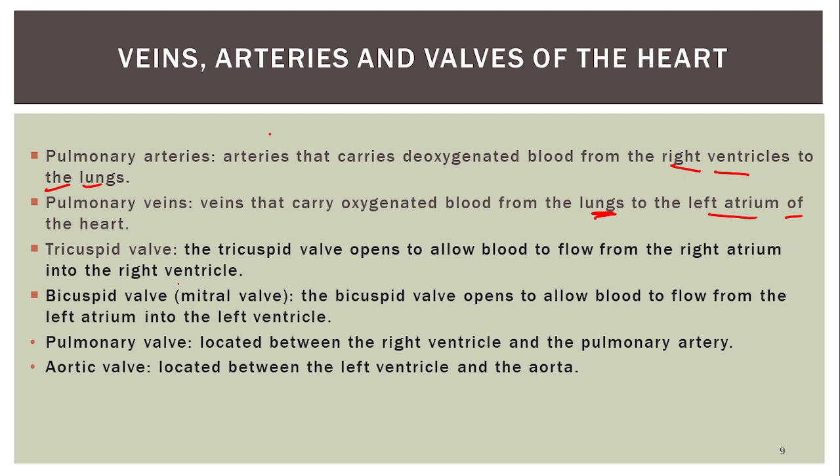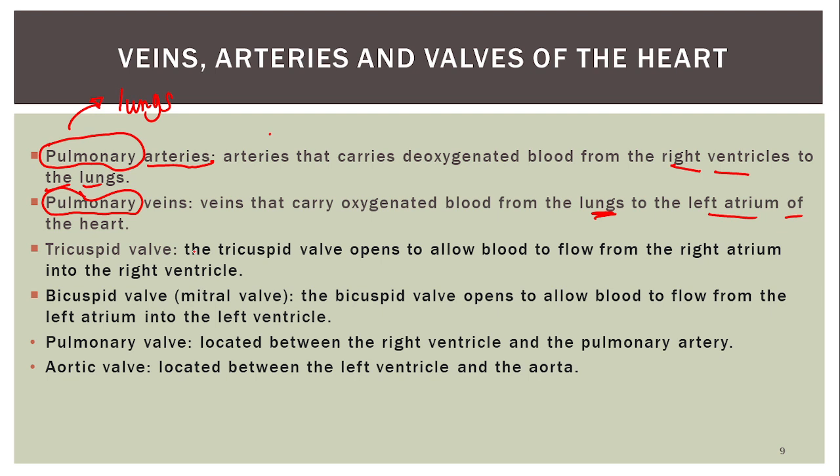Now, if you look closely, it's pulmonary artery. It's pulmonary vein. Why? Because pulmonary has to do with the lungs. So arteries of the lungs carry deoxygenated blood from the heart to the lungs, and veins of the lungs carry oxygenated blood from the lungs to the heart.